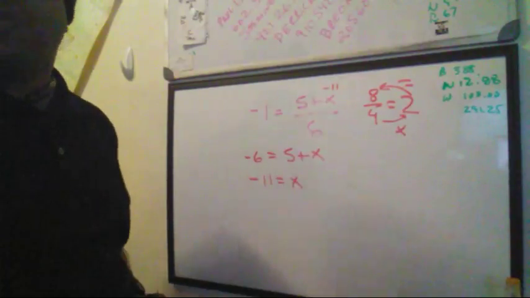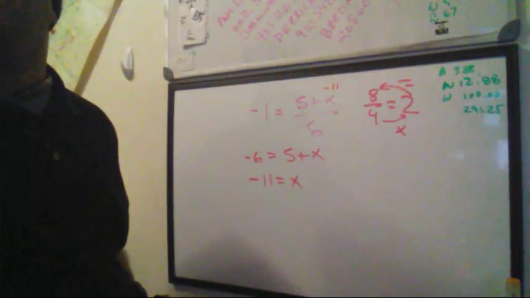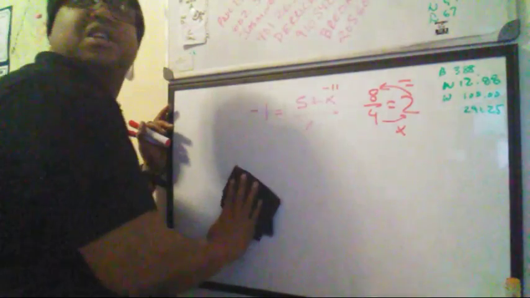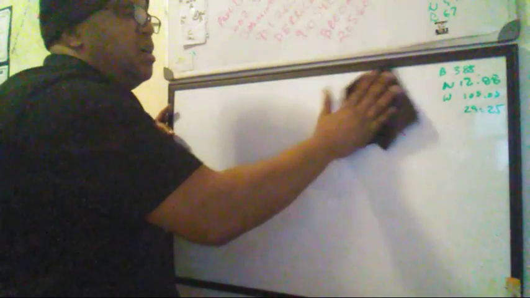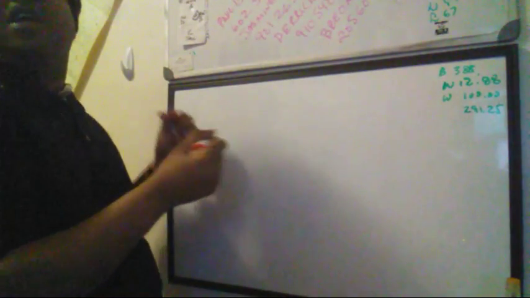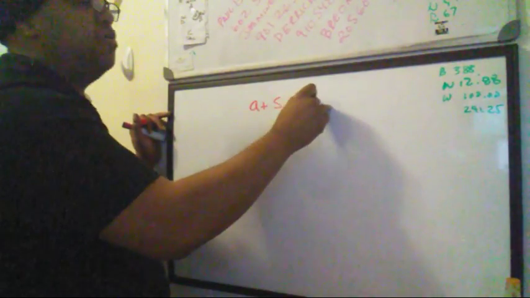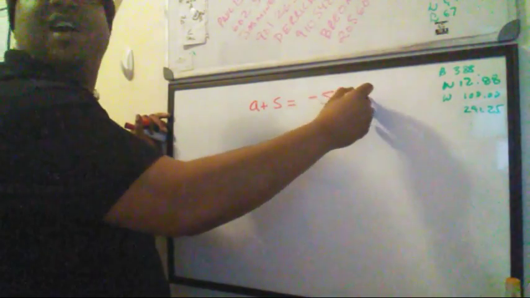Okay, number 4. All right, zoom in, buddy. I think this is a 2-step equation. All right, when we look at this, we have a plus 5 is equal to -5a plus 5.